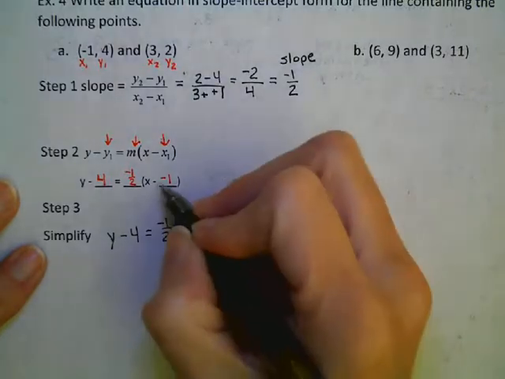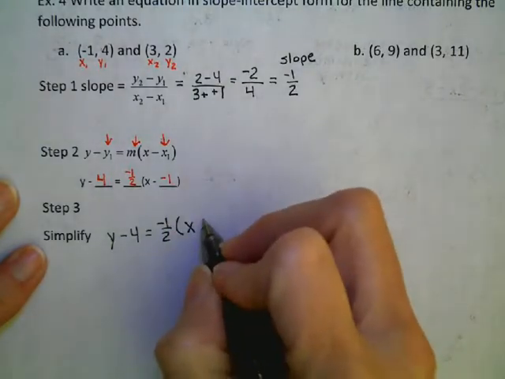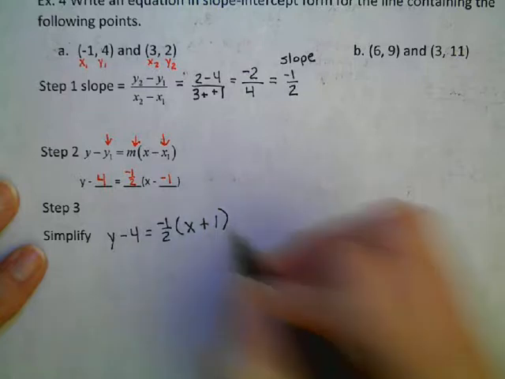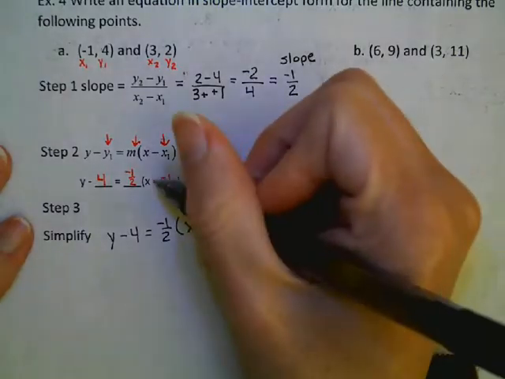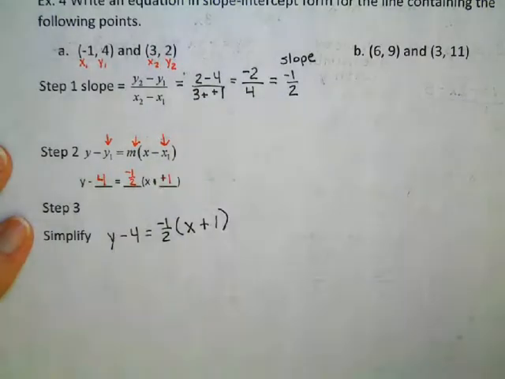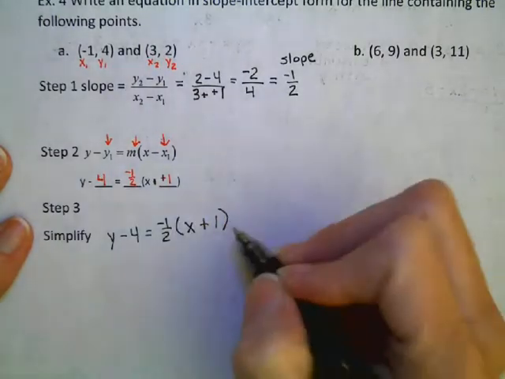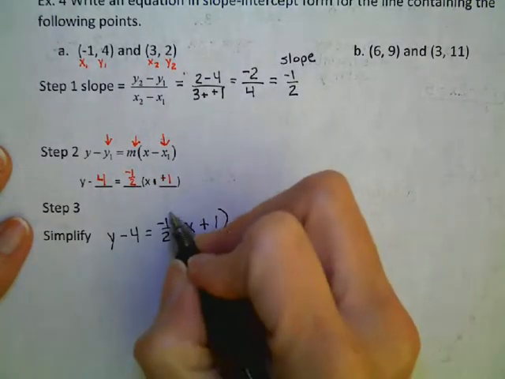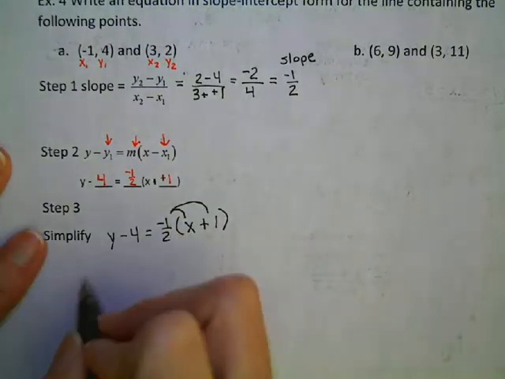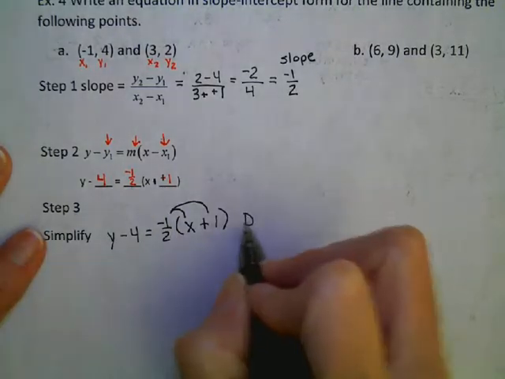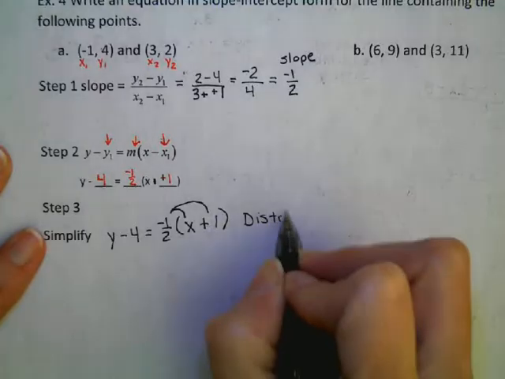y minus 4 equals negative 1/2 times x minus a negative. I like to just write that as a positive, because we call it cross the line, change the sign. When you have minus a negative, you can cross the line and change the sign. To simplify, you're going to distribute negative 1/2 times x, negative 1/2 times 1.